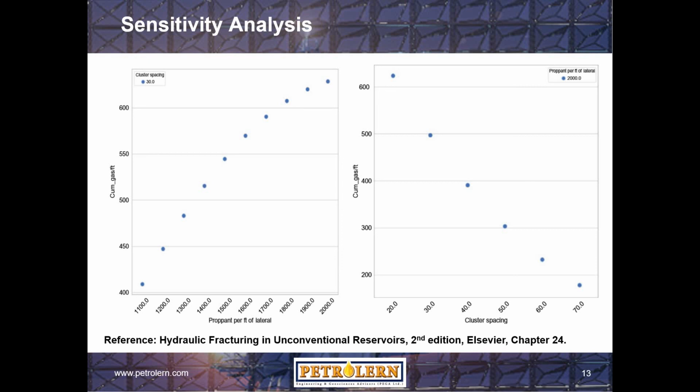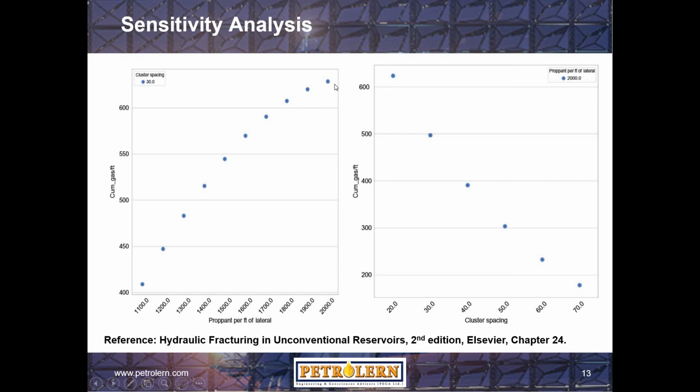In this case, I've applied it to cume gas per foot, and I've also applied it to EUR per foot. The trends are similar, and you can see, for example, if I go from, let's say, 1,200 pounds per foot of sand to 2,000 pounds per foot of sand, what is the quantitative impact on cume gas per foot going from here to here?